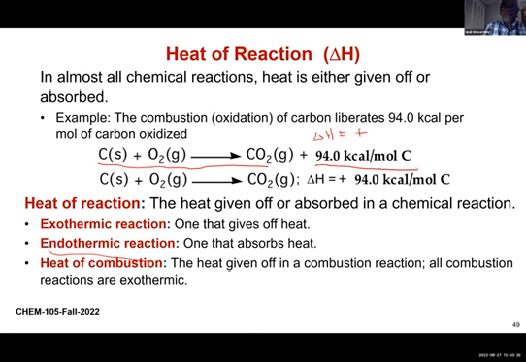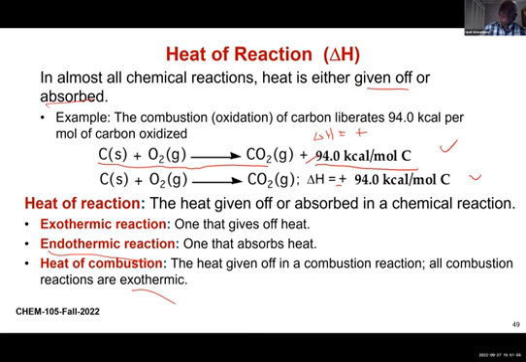Heat of combustion is normally exothermic. Endothermic reactions are like this, positive. So we can calculate heat given off or absorbed.